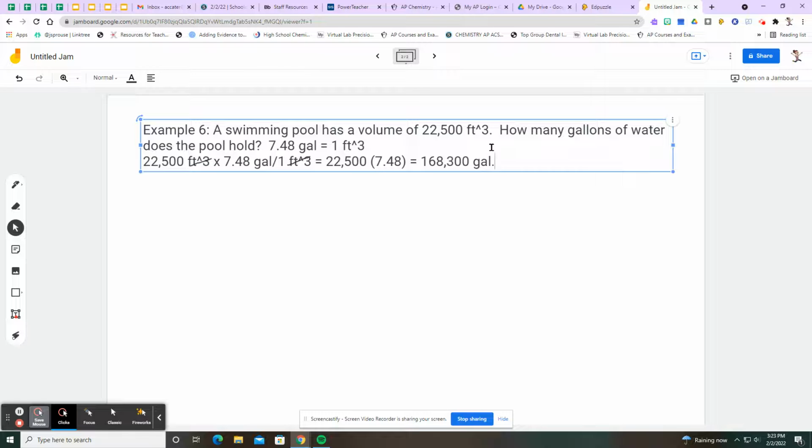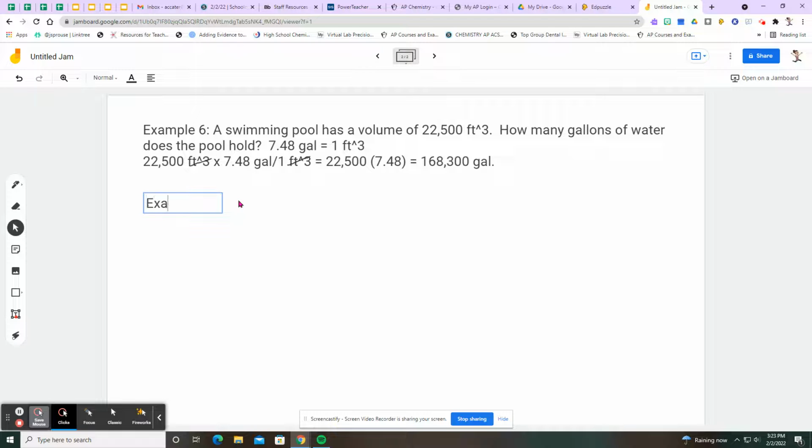All right. So another thing that you need to remember, and you do need to memorize this. This is in example 7. An aquarium has a volume of 36,000 cubic centimeters. So if you took the aquarium and you measured its length, its width, and its height, it would be 36,000 centimeters cubed. And you need to know how many liters that is.